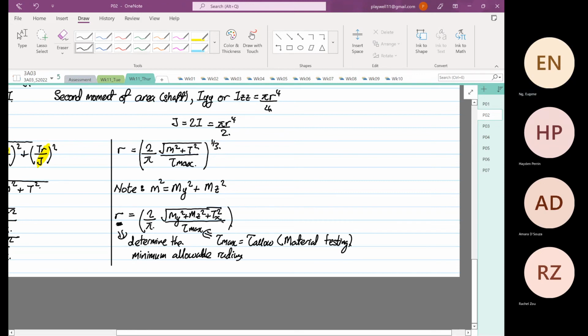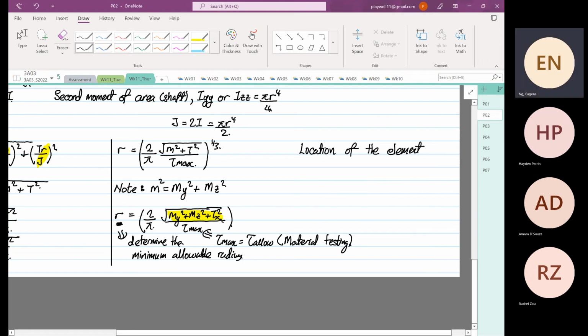Now, the complexity of this shaft design, as you can see, is controlled by this value, which is your My squared plus Mz squared plus Tx squared. Why is this important?